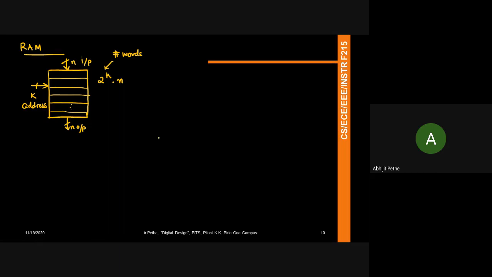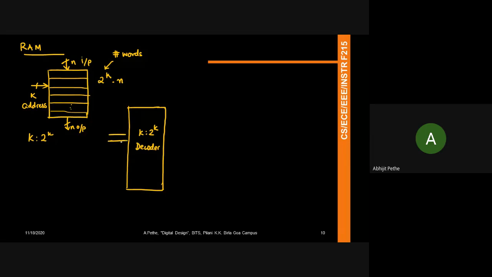What is the chip I'd use? I want a k to 2^k decoder, right? So I would use a decoder. So what I do is I take a decoder, so this would be a k to 2^k decoder, right? Which takes in k input lines, right? So these are your address inputs.